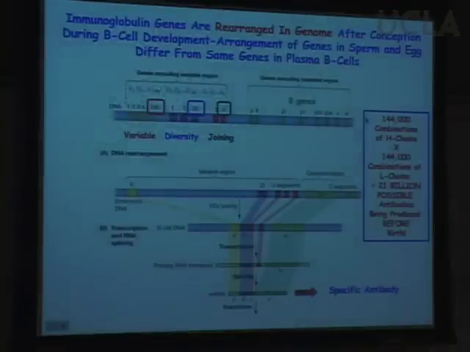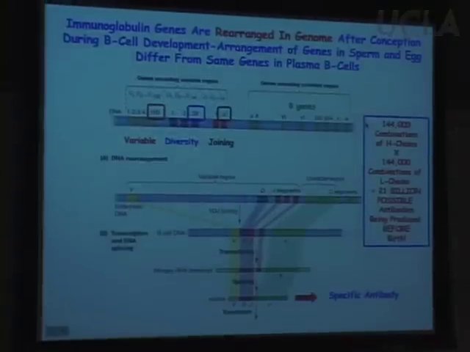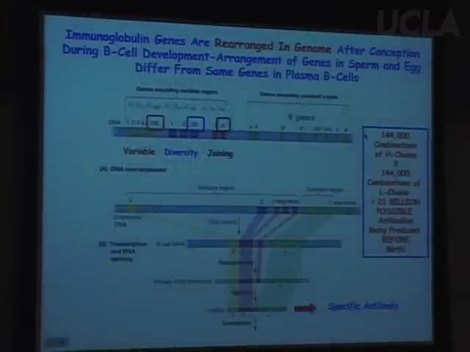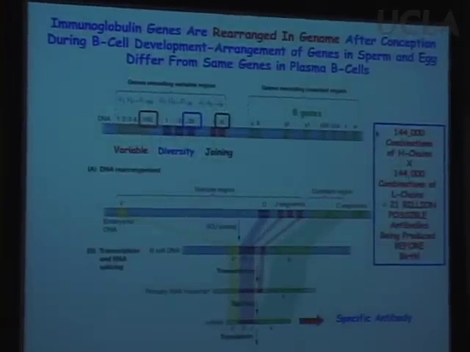Since you need an L chain and an H chain to make a specific antibody, you get 21 billion different combinations. And those 21 billion different combinations, Stephen, all occur. Every single one of them happens by chance arrangements in the genome by very specific enzymes that do this. One B cell, one H chain, one L chain of one specific kind makes one antibody.